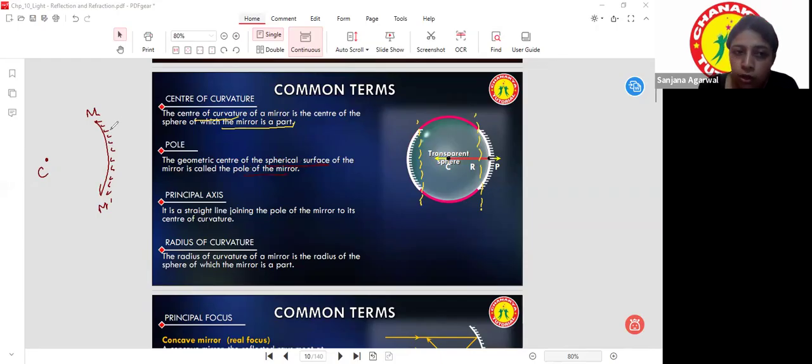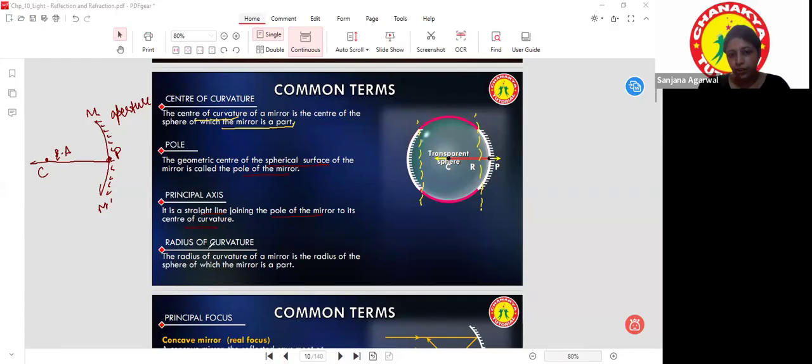Children, this reflecting spherical surface which we have for reflection is known as the aperture of mirror, and the midpoint of this, the center point of this mirror, is known as the pole of mirror, represented by letter P. Now, principal axis is a straight line joining the pole of mirror to its center of curvature. If we join the center of curvature to the pole of mirror, we get this line. We can extend this line ahead, which is known as the principal axis, and denoting here with P A, but this is principal axis.